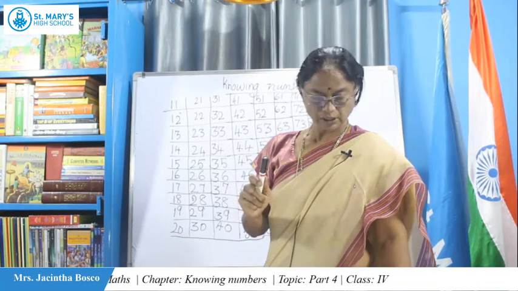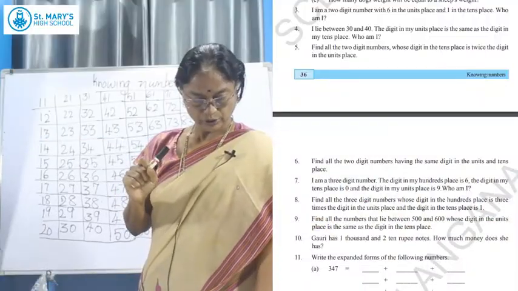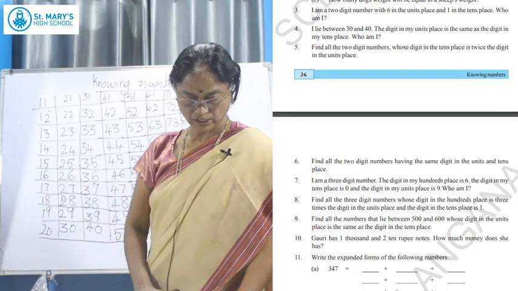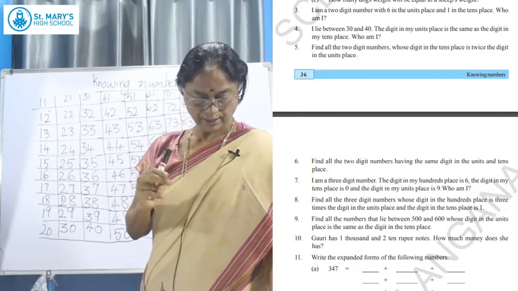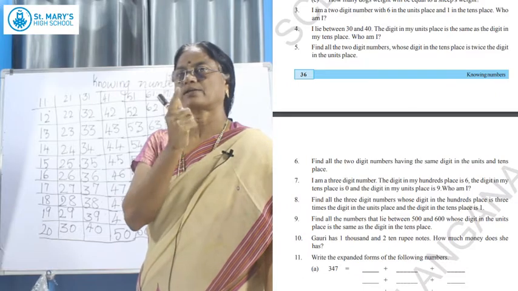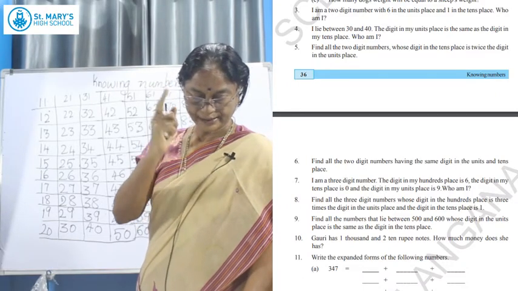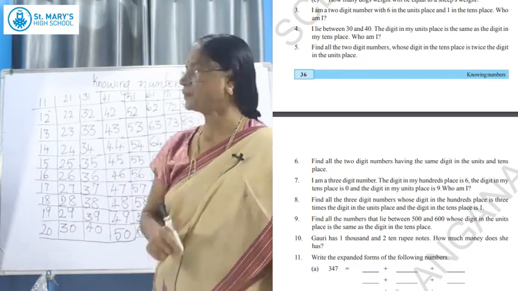See, did you read that fifth question? Find all the 2-digit numbers whose digit in the tens place is twice the digit in the units place. Understand properly? Whose digit in the tens place is twice the units place.